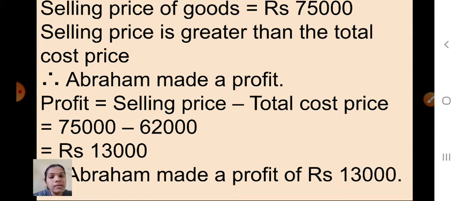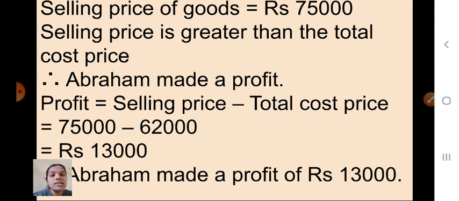Today I have taught what is meant by cost price, selling price, profit and loss, the profit formula and the loss formula, and word problems. From the word problem you will get the cost price and selling price. You have to compare those two values, then you will know whether there is a profit or loss, and choose the correct formula to get the answer.